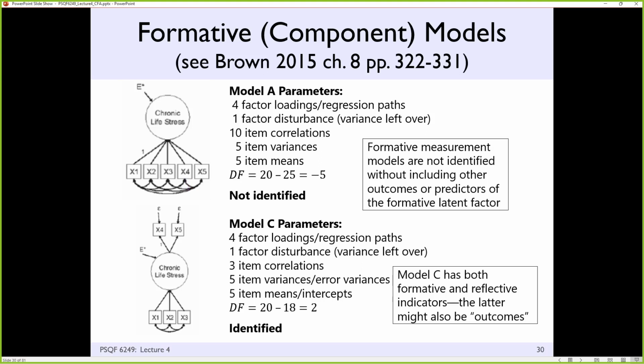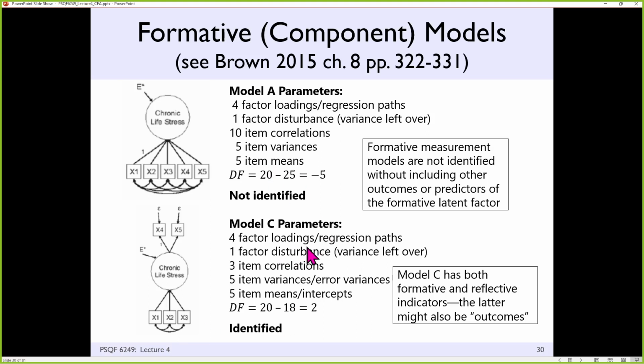Not price, but value, which is ambiguous because it depends on who's buying the house and what they value it, how much they're willing to pay. Indicators of value then would be separate appraisals. You hire someone, they come to your house, they try to figure out what its value is, and that's their opinion. So the value of your house causes the appraisers to answer their questions in the way that they do. The things that cause the value are over here.